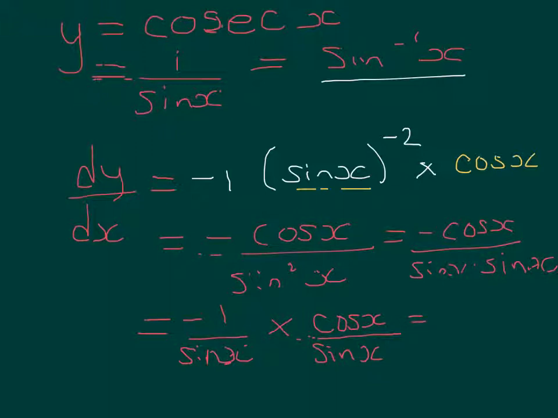Well, 1 over sine is of course cosec, so we've got minus cosec x multiplied by cot x. So we get minus cosec cot, which is another one you might like to learn or practise deriving so you can derive it really, really quickly. Okay, so the derivative of cosec x is minus cosec cot.